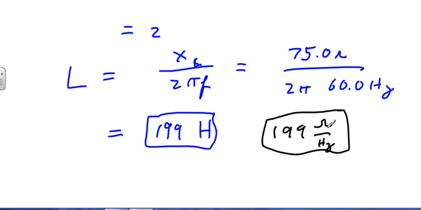Except that Henry is shorter than ohms per hertz. Well, Henry is multiple syllables too, right? Henry, something like that. That was 13. That was 11. 13's next. We'll do 14 next.